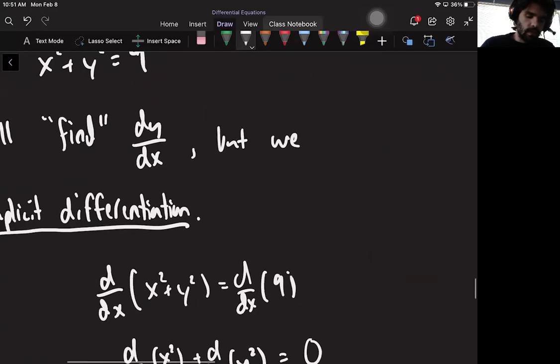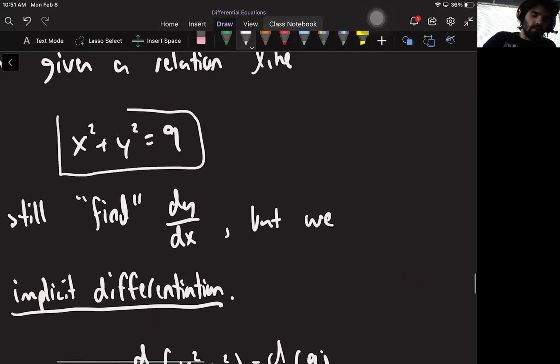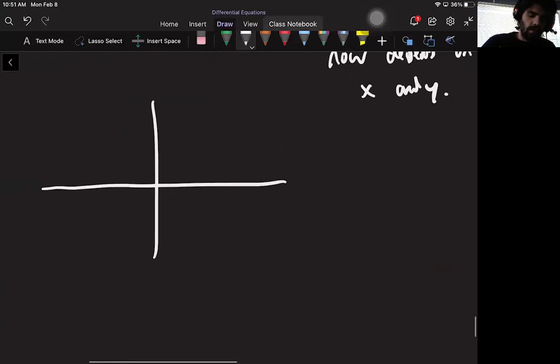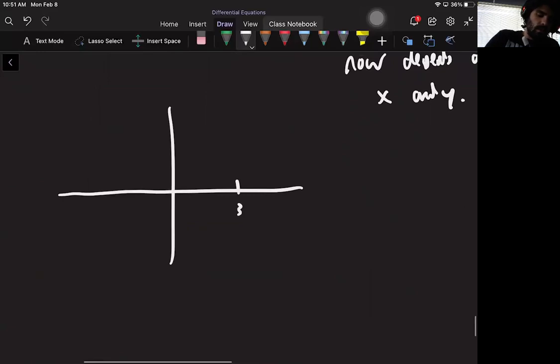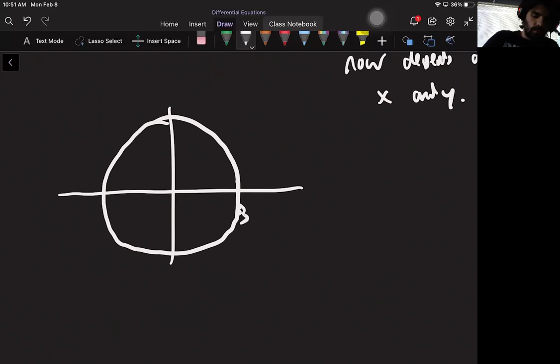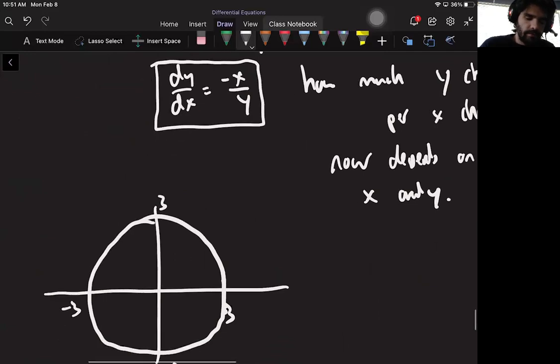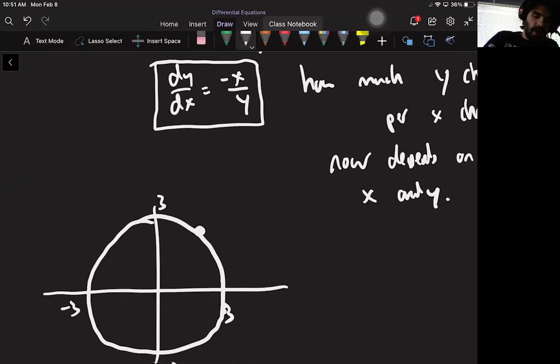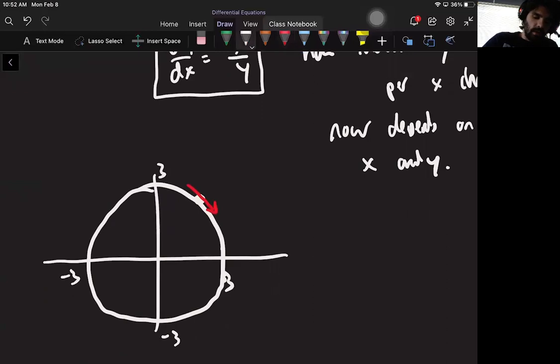So we can see this if we just draw the picture of the thing we started with. So up here, this is a circle of radius 3 centered at the origin. So I'll try to draw a good circle. And so what this is saying is how fast the y is going up or down doesn't just depend on the x value you plug in.